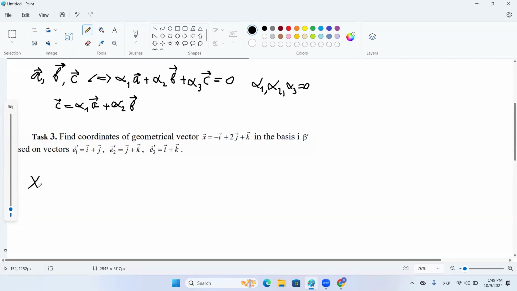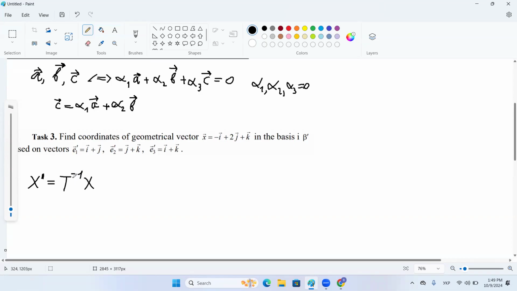I will write the next formula. So x prime will be the coordinates of the vector in the new basis. And how to get it? I will write the formula and then we'll explain. Do you remember what is matrix T?